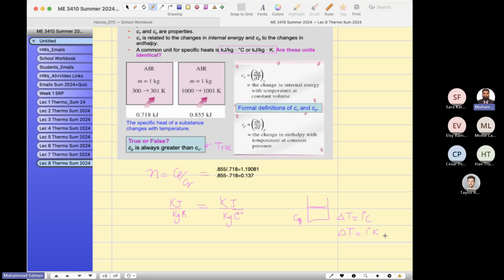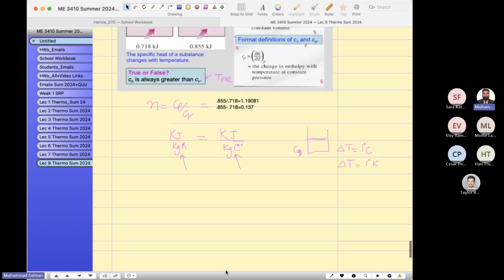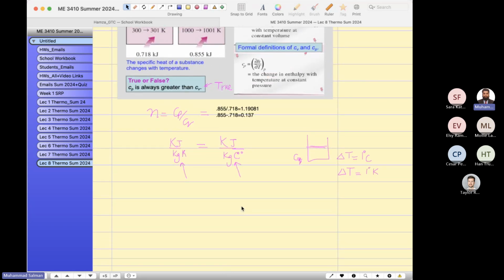It's 1 Kelvin. So you will see that sometimes the unit is kilojoules per kilogram per Celsius. You will find the same value per Kelvin, because the rise and fall are the same in both temperature scales, Kelvin as well as Celsius. So don't get confused if the values have different units; it is due to the rise and fall.